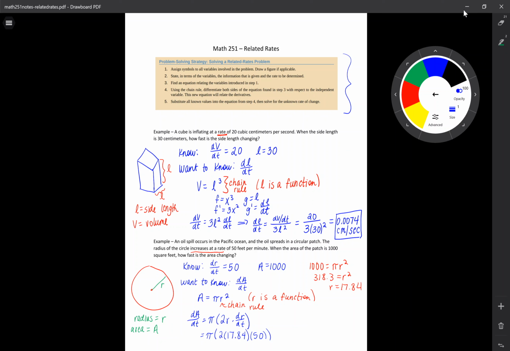This is equal to a big number, 5,604.6. What are our units here? This is dA/dt, so our area is changing in feet squared, and our time unit is minutes. So when the area is 1,000 square feet, the area is changing at a rate of 5,604 feet squared per minute.